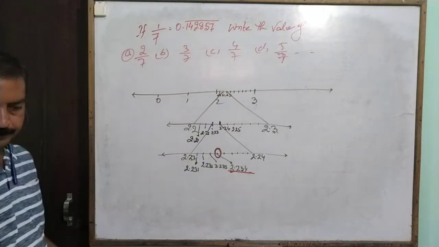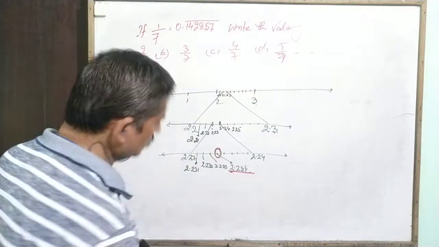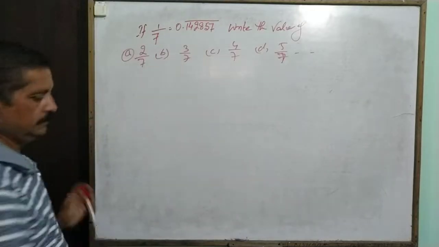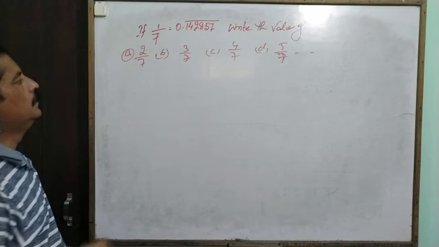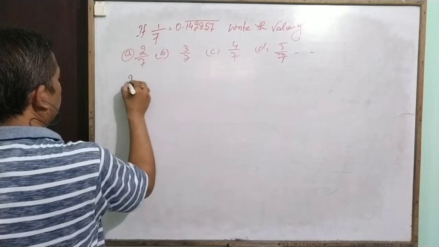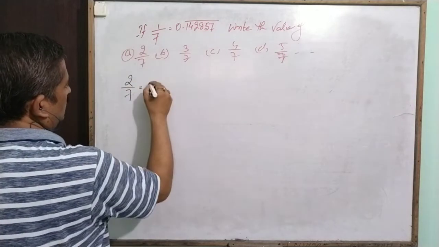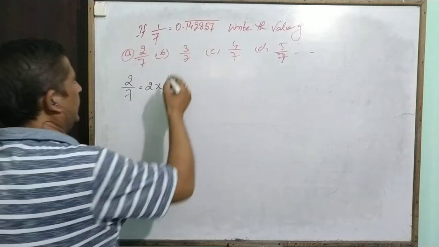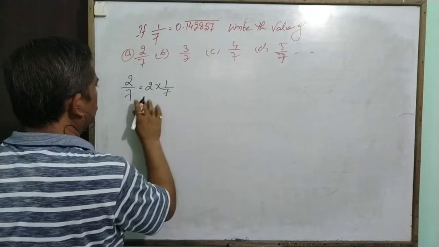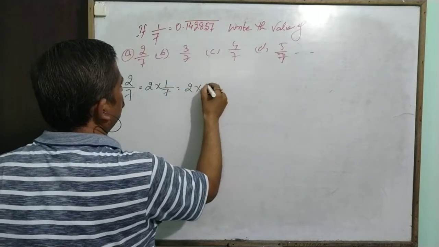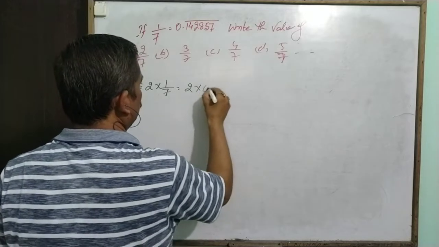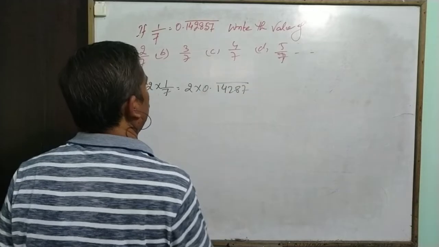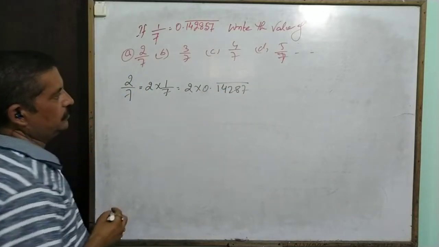So we simply write that 2 by 7 equals 2 into 1 by 7, and the value of 1 by 7 equals 0.142857. ठीक है, और सिंपली आप इससे क्या कर दो, मल्टीप्लाई कर दो.